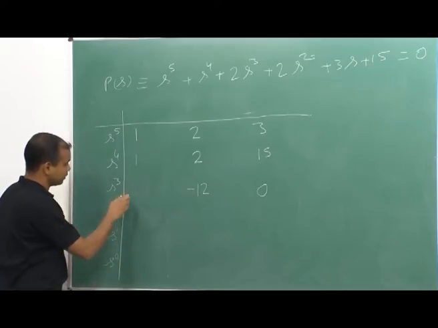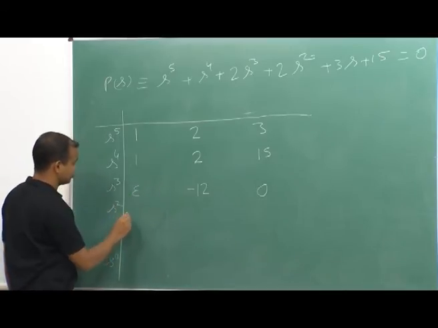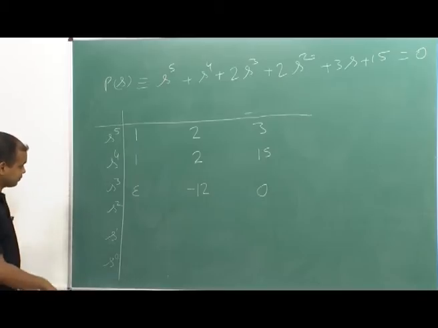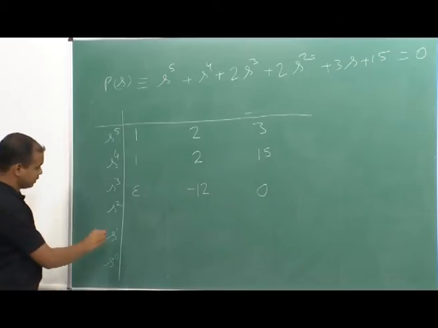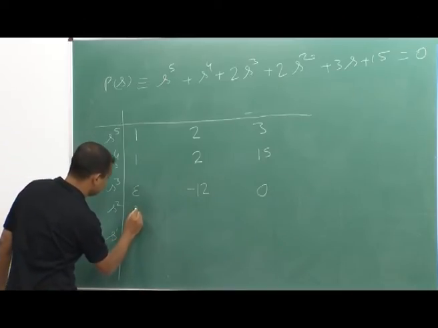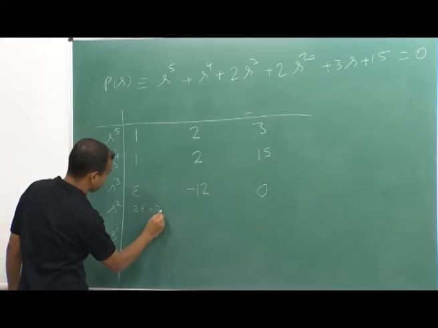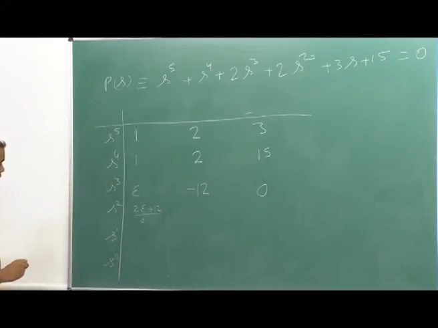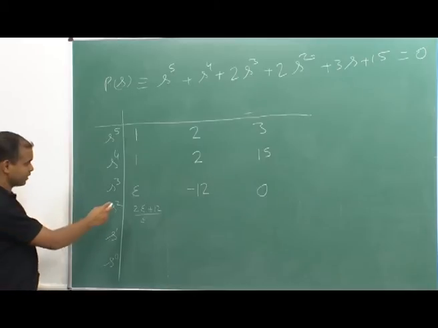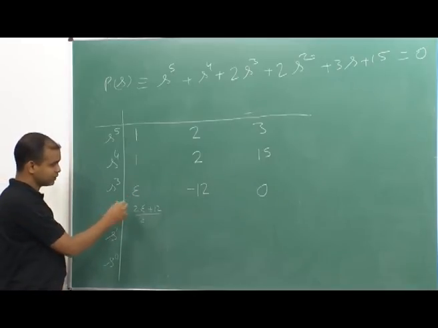So, you will replace it with the small positive number, that is epsilon. Here I will get 2 epsilon plus 12 by epsilon, and epsilon is a very small positive number which is tending to 0.